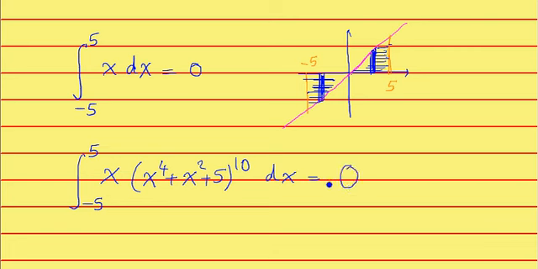I don't need to redo any work because this whole function has symmetry with respect to the origin. If I go from right to left, the value goes from positive to negative. And since my domain of integration is also symmetric, the contribution from the left and right cancel each other out, and the net integral will be 0. So these are cases that fall under application of symmetry.